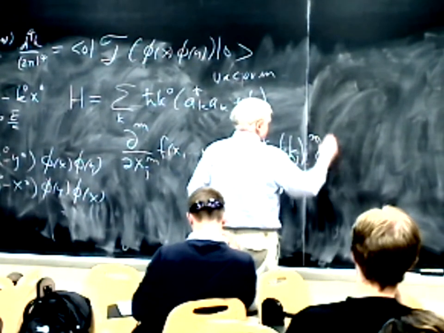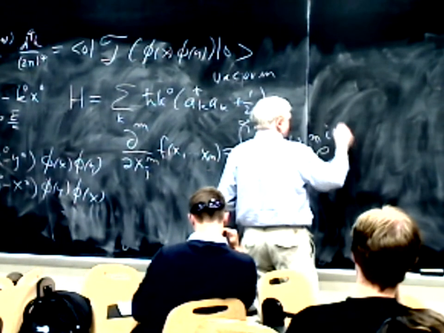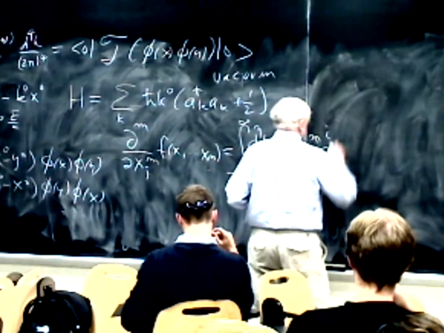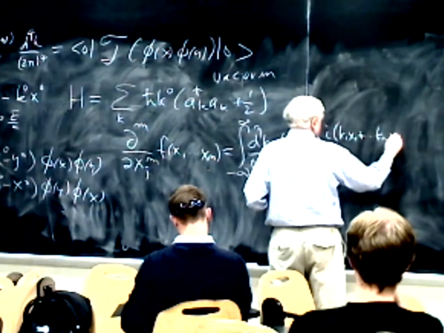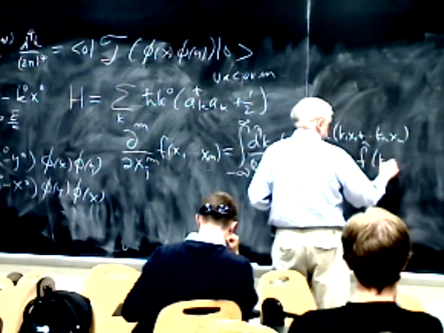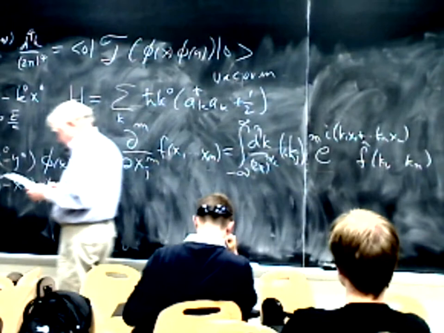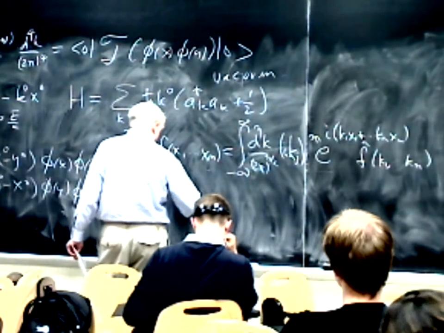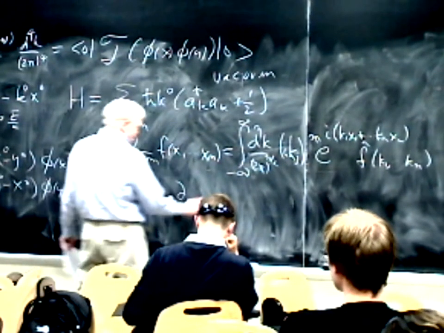e to the i, let me write it explicitly, k1 x1 plus dot dot dot kn xn, times f hat of k1 through kn. So that's what the mth derivative is. And in fact, we can define a shorthand that's commonly used, partial sub j to the m.